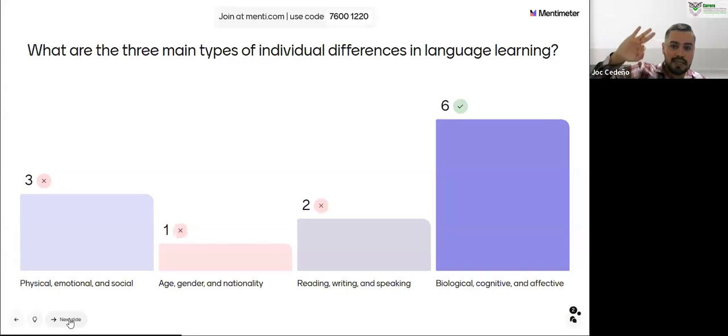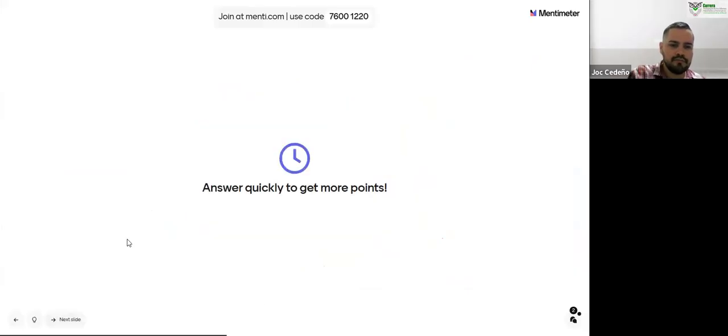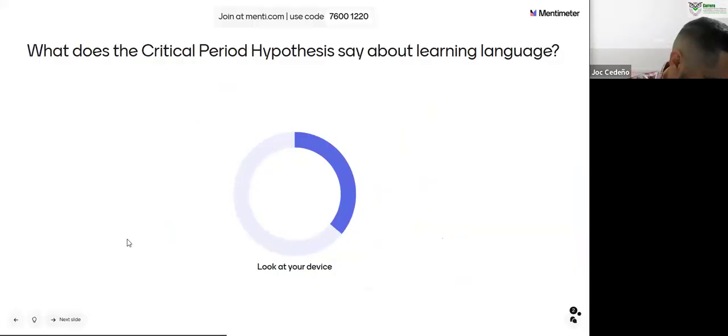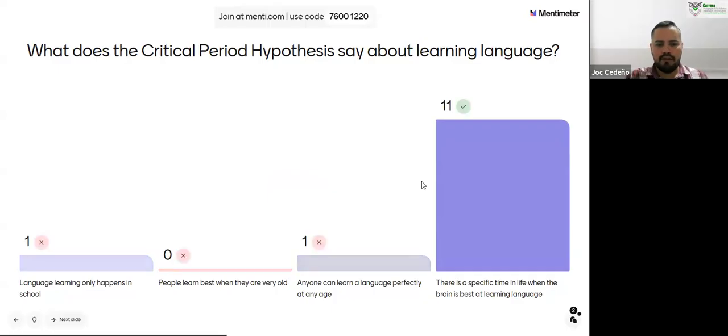So let's see our next question. Remember, we have three basic individual differences: biological, cognitive, and affective. Okay, question number three. What does the critical period hypothesis say about learning language?